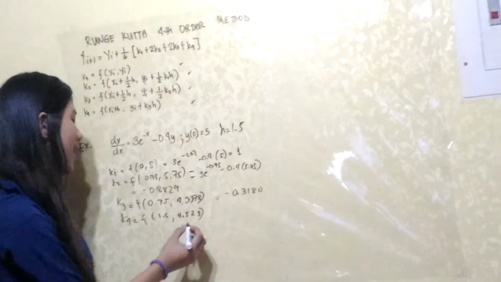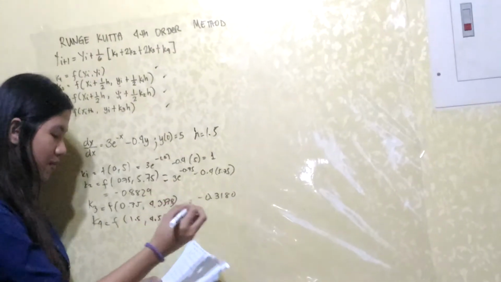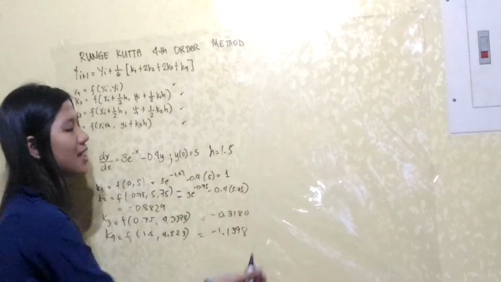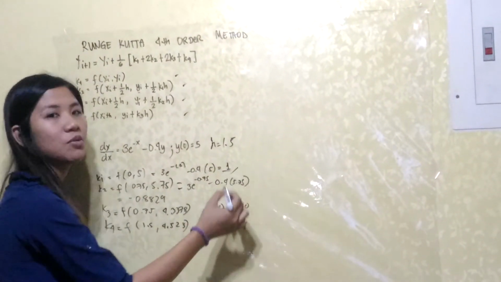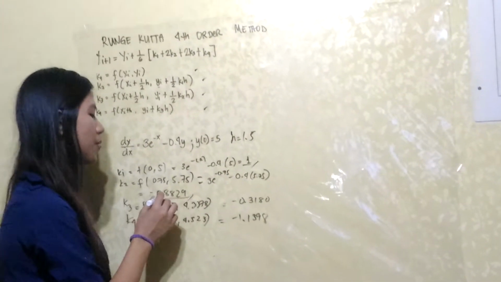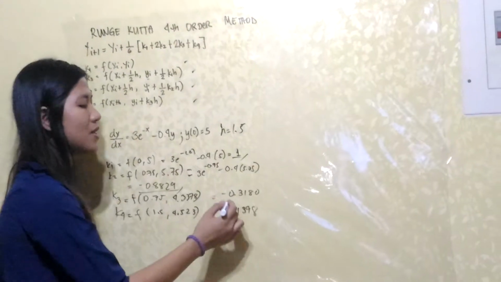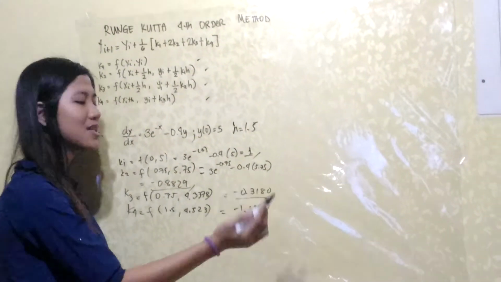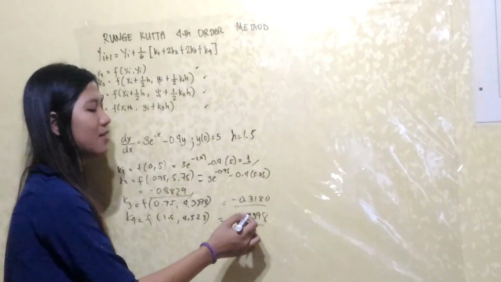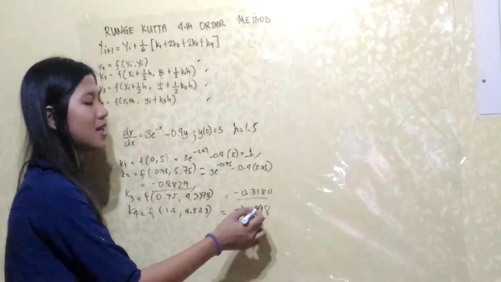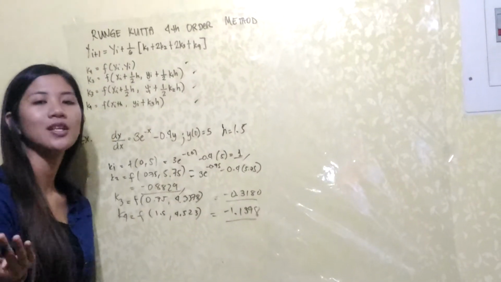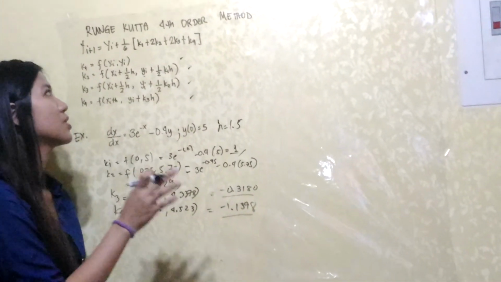So now for k4, that will be negative 1.1398. So for k1, that would be 1. For k2, that would be negative 0.8829. k3 would be negative 0.3180. And for k4, that would be negative 1.1398.